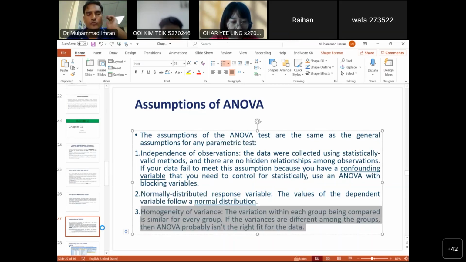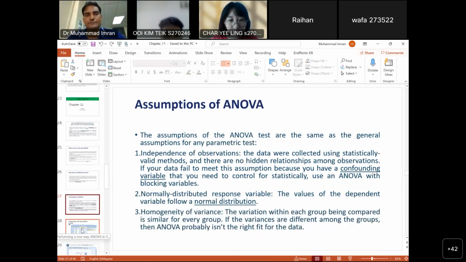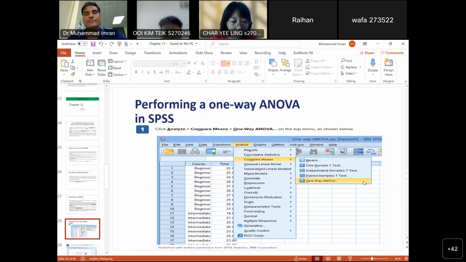Anyway, let's move on to the steps for performing a one-way ANOVA in SPSS. Number one, where we have to go, see this one first. Okay, wait, my dear students. I should open SPSS.